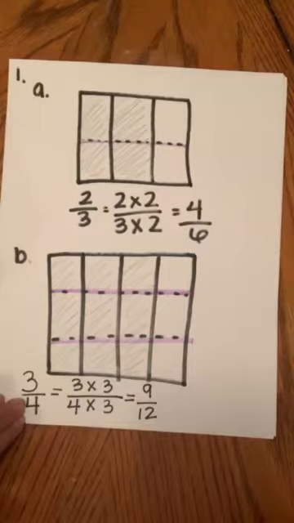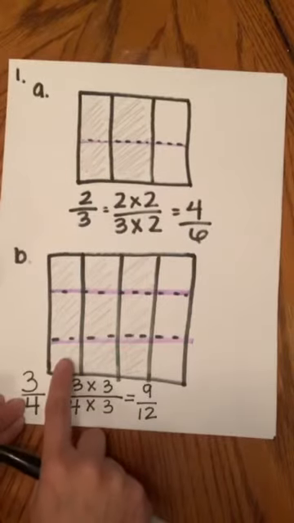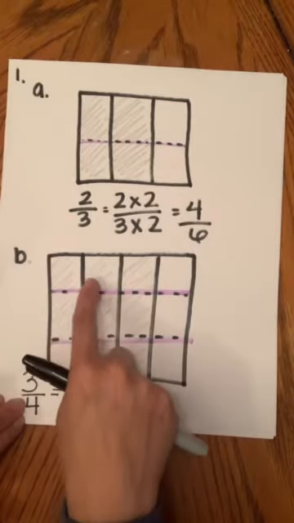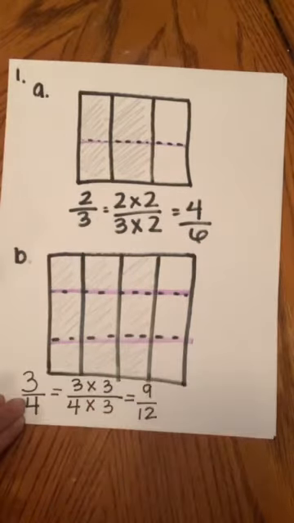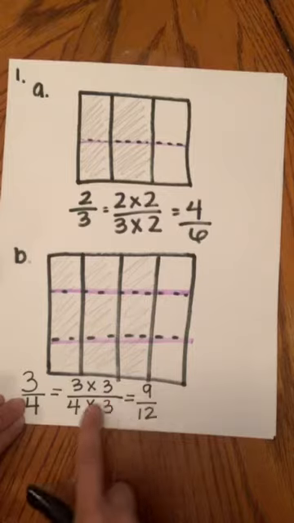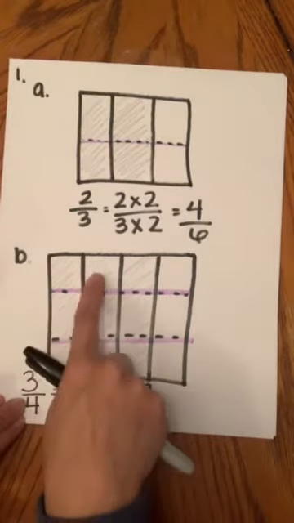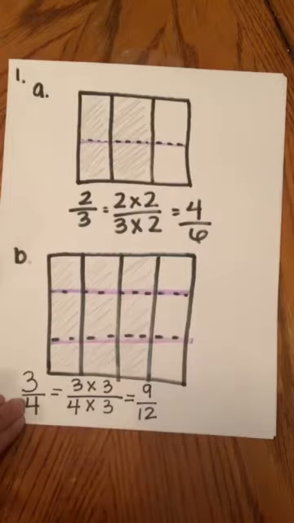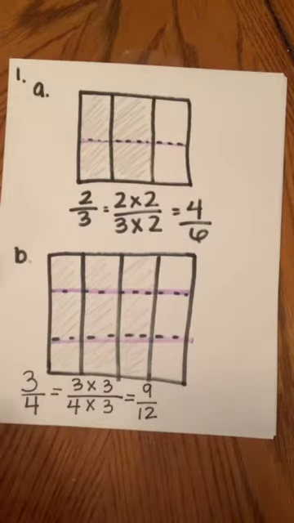Do I have 12 now as my whole? Let's see. 1, 2, 3, 4, 5, 6, 7, 8, 9, 10, 11, 12. Yep, I do. And how many parts of those 12s are shaded? 1, 2, 3, 4, 5, 6, 7, 8, 9. Check. We got this, right? Go ahead and see if you can do the rest on your own, okay?